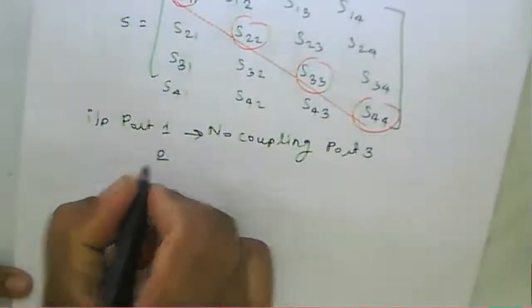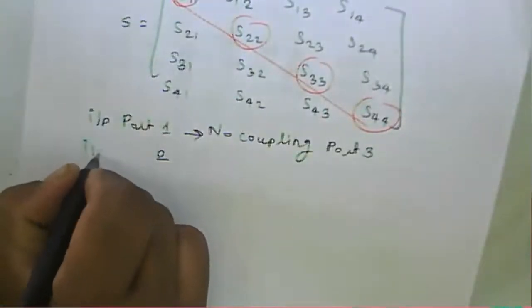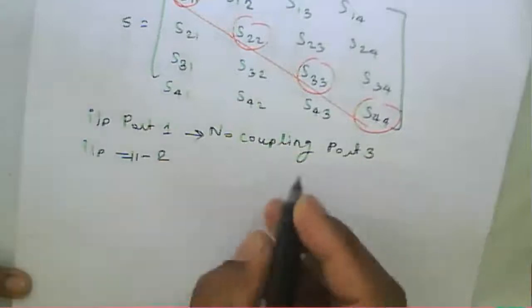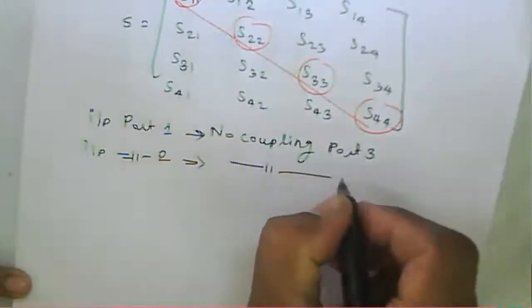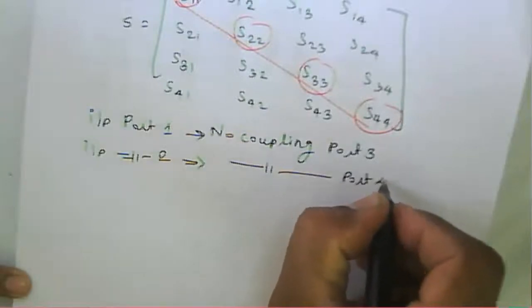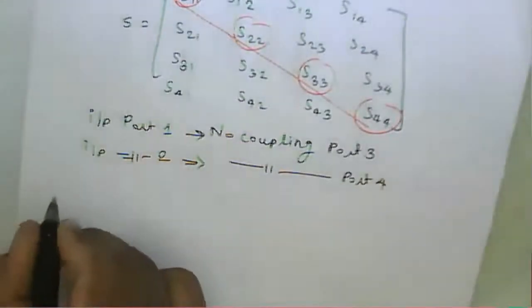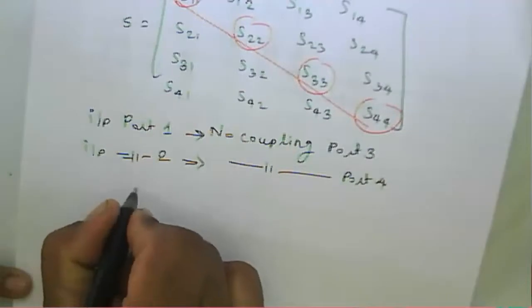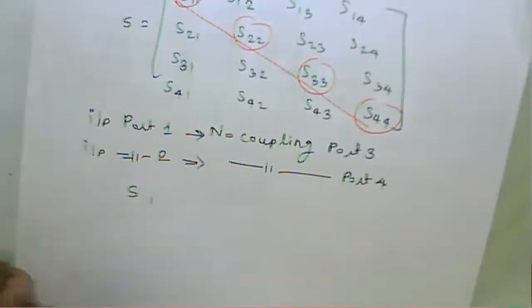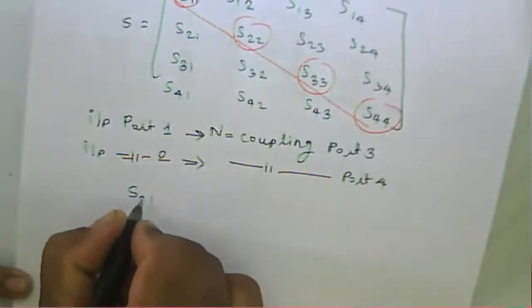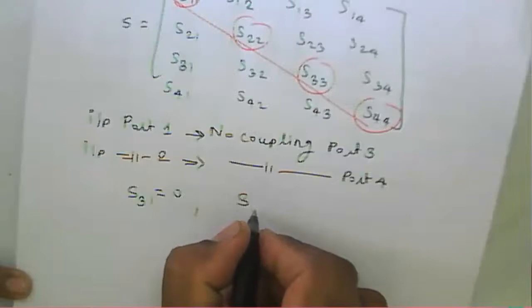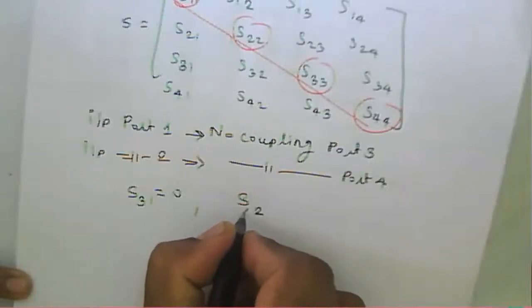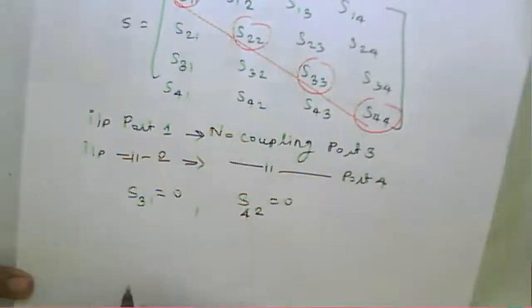If we provide the input to port 2, there is no coupling to port 4. Likewise, when we provide the input to port 1, there is no coupling, so S13 becomes 0. If we provide the input to port 2, the output at port 4 becomes 0.